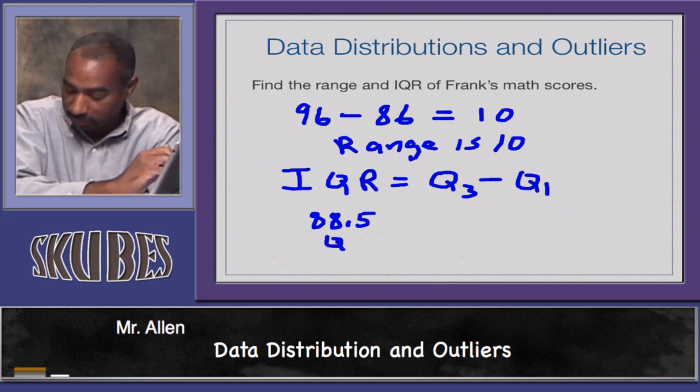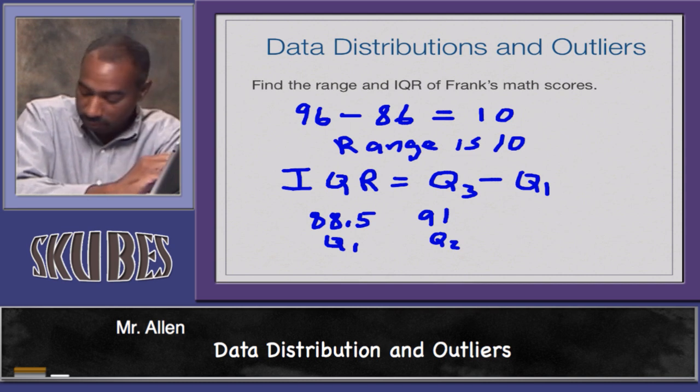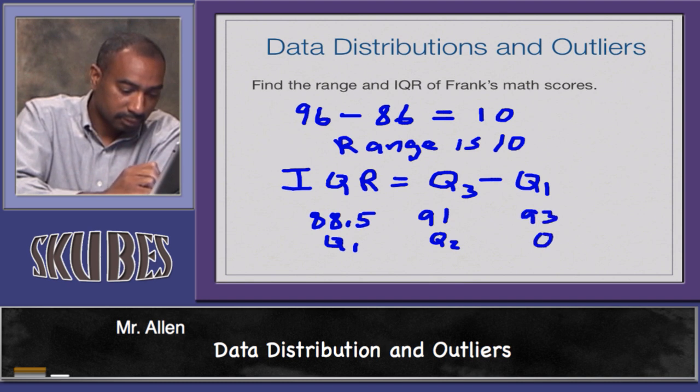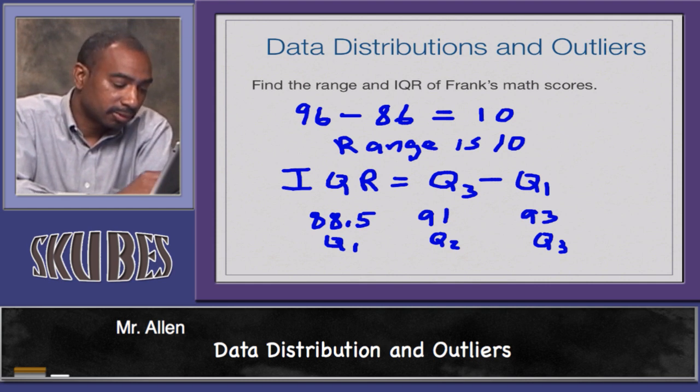And the median, we said, was 91. It's the second quartile. And the third quartile should be 93. Remember, you have to get the averages of each quartile.